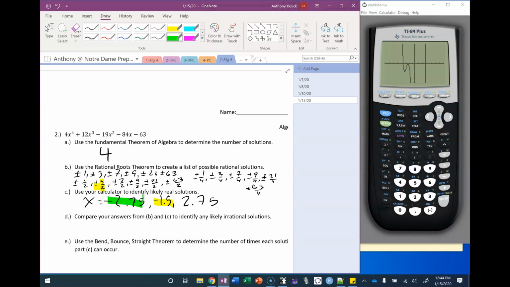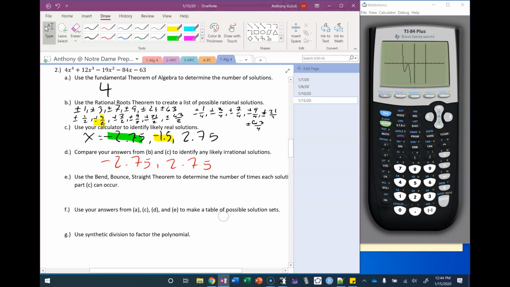So I don't see it, do you? Nothing's really very close to it even. Probably negative 3 is the closest thing that's on there. And it's definitely not at negative 3. So it looks like those two guys are irrational, because I don't see them on my list that I just made above. Everybody good with that idea? Okay.